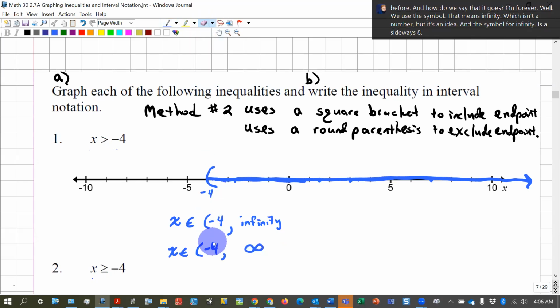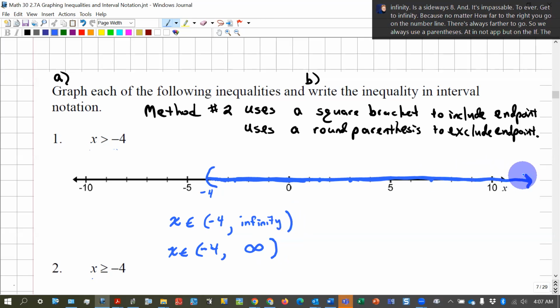And it's impossible to ever get to infinity, because no matter how far to the right you go on the number line, there's always farther to go. So we always use a parentheses, not at, but on the infinity, if the graph is unbounded and going forever to the right.